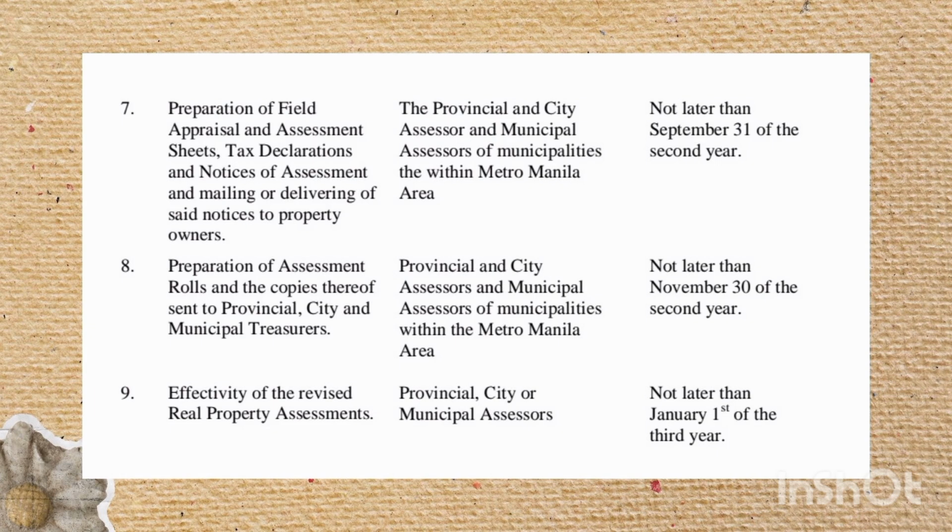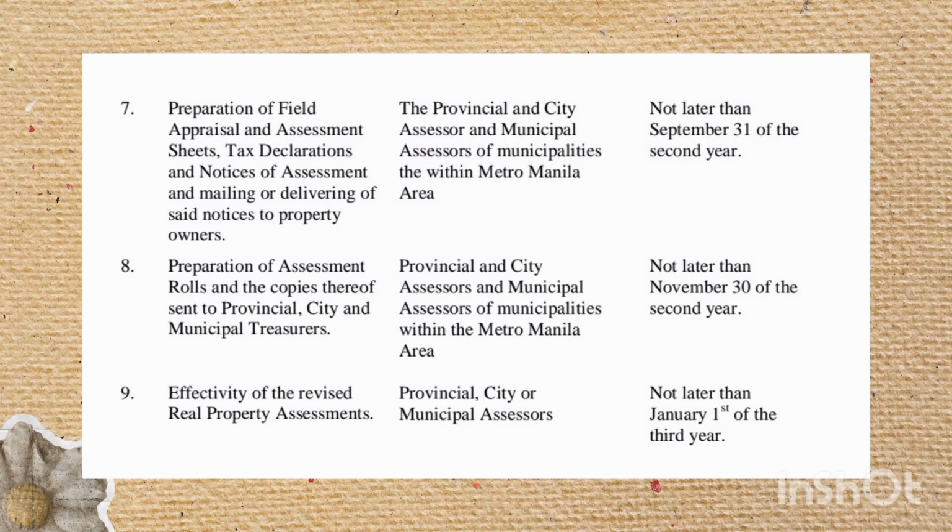So the next activity is the preparation of assessment rolls and the copies thereof sent to provincial, city, and municipal treasurers. So the responsible here are the provincial and the city assessors and municipal assessors of municipalities within the Metro Manila area. And the period is not later than November 30 of the second year.